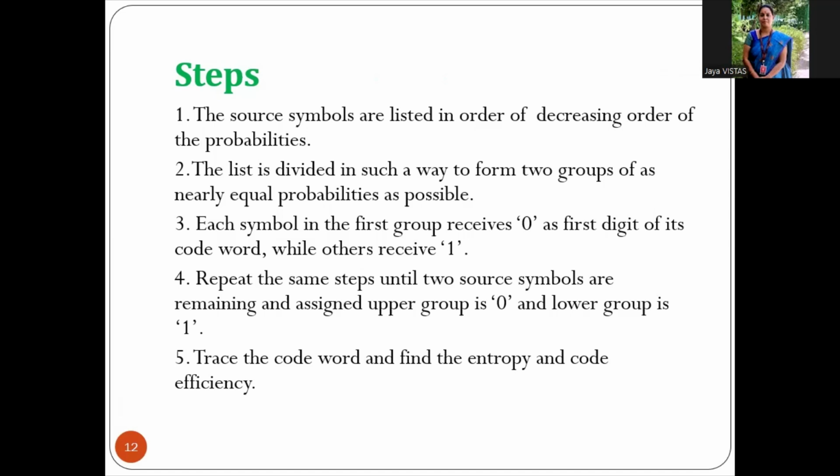Then after that, trace the code words and find the entropy, code efficiency and redundancy. So these are the steps involved in Shannon-Fano coding. Now we are moving to the examples.